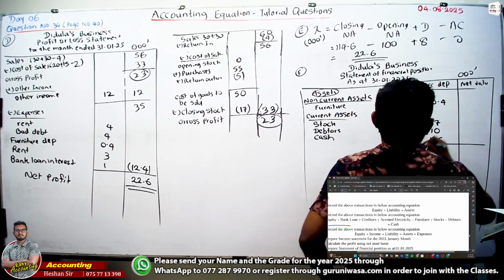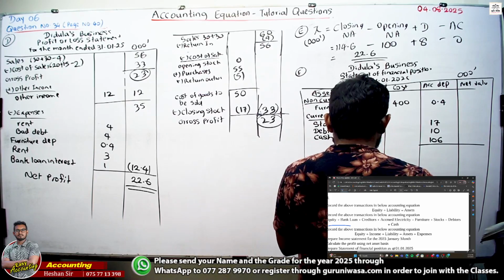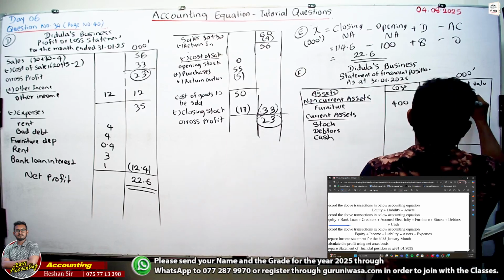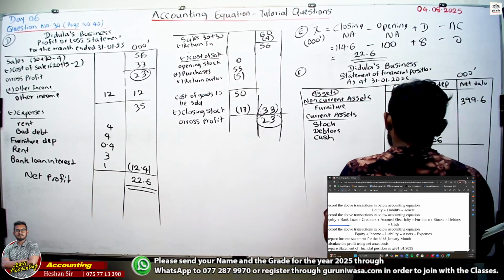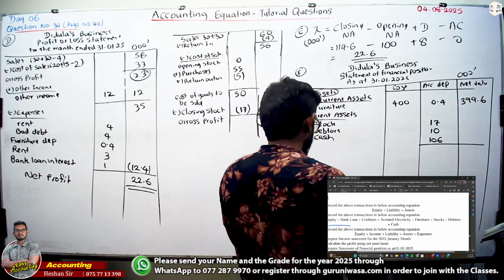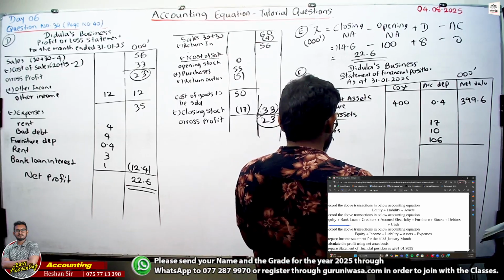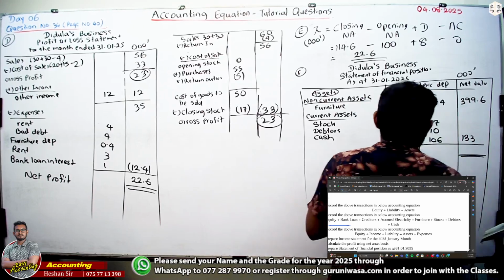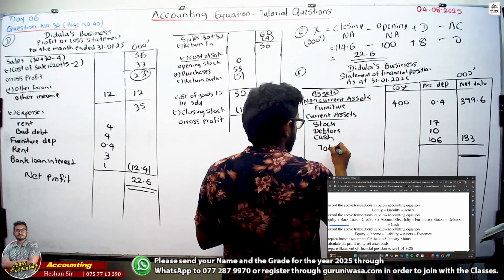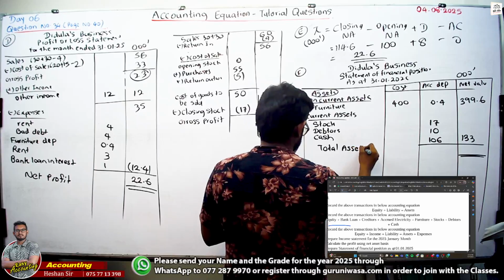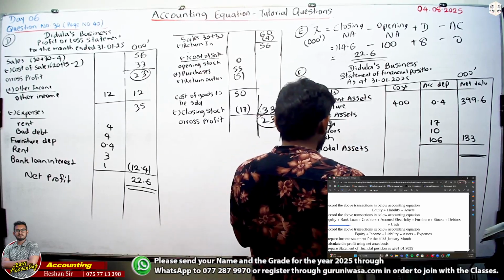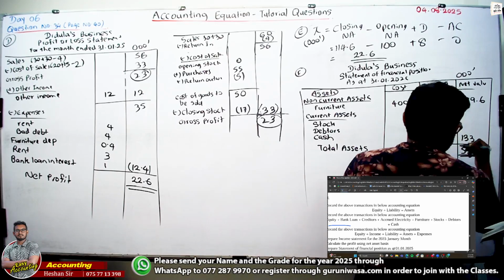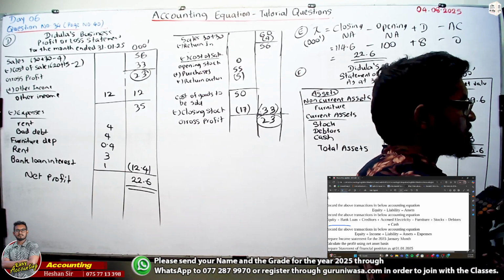Now get the totals in here. 400 minus 0.4 means 399.6. In here 17 plus 10 plus 106, which means 133. Just check and tell me whether this is correct. Then the total assets, 399.6 plus 133, which is 532.6. I don't know. Let's see the answer.